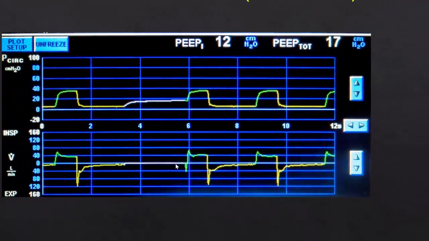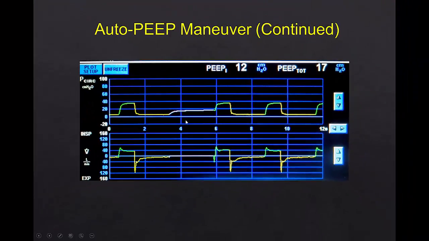And during the auto-PEEP, we allowed the alveolar pressure to equilibrate with the proximal airway pressure. And we can see that the total pressure is 17, just under 20. The PEEP was 5, and even the ventilator calculated that the intrinsic PEEP was 12, making the total PEEP 17.